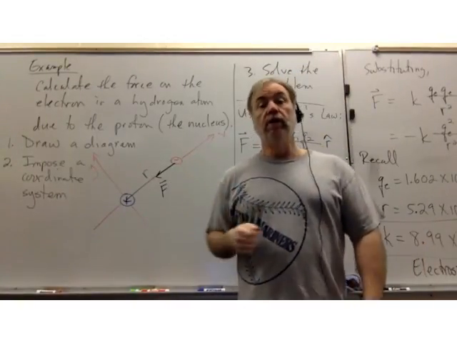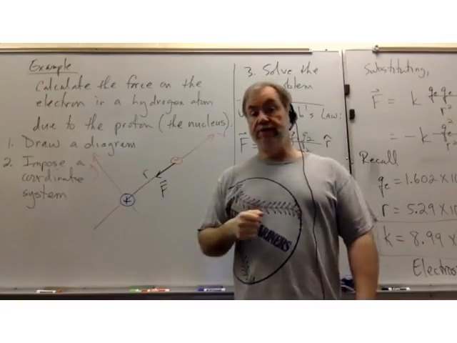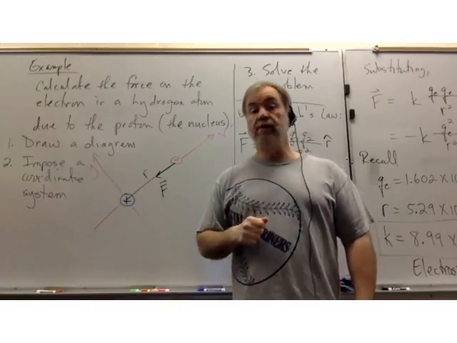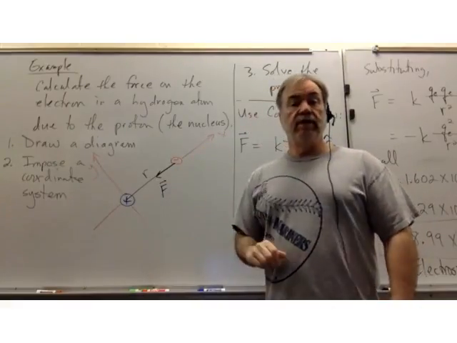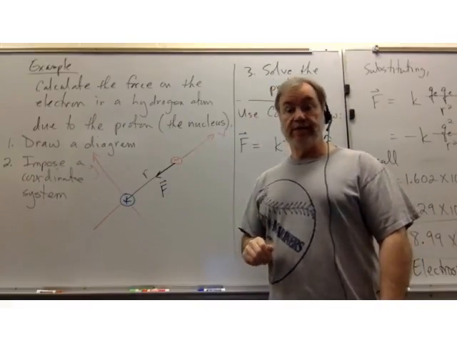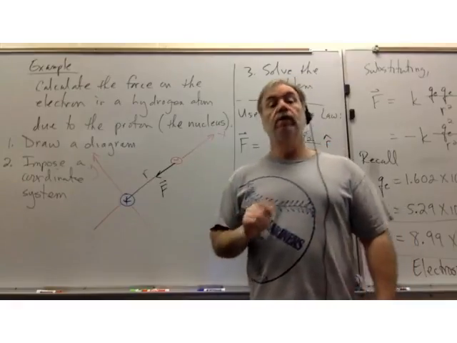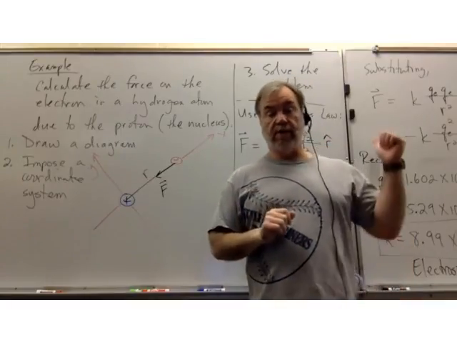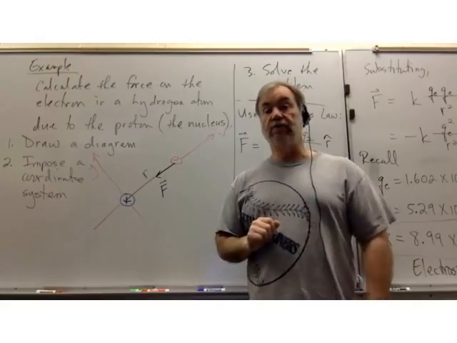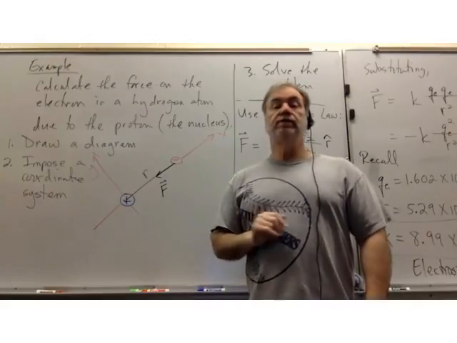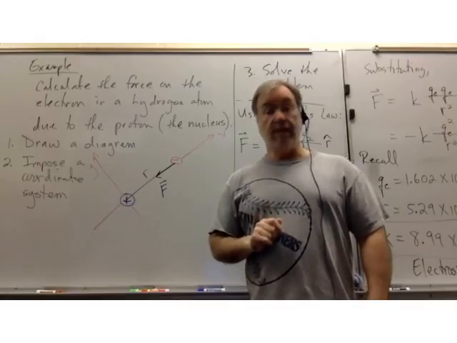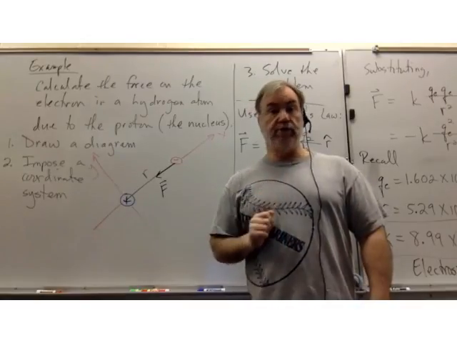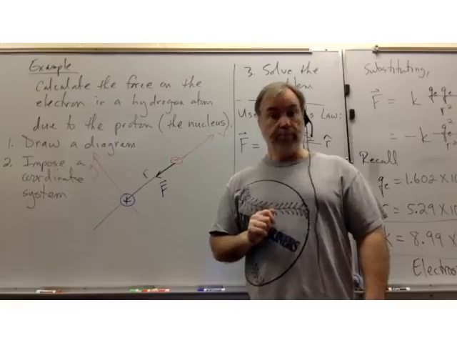And in fact, if you do include the negative sign when you substitute numbers, you're very likely to reverse the direction that this vector points. So here's the thing. When you're substituting in for calculating the force, and later on when we calculate the electric field, never include the negative sign on negative charges when you actually substitute numbers into Coulomb's law.